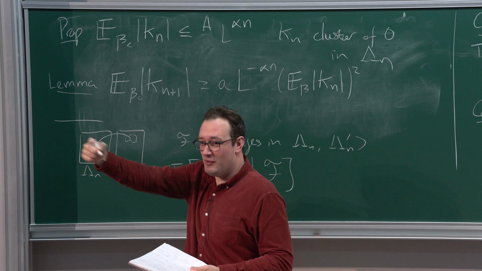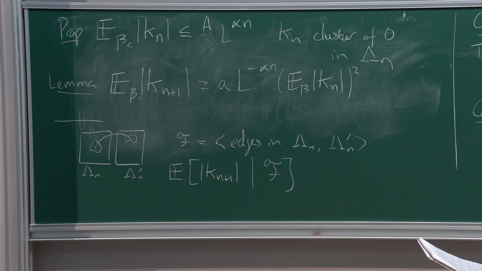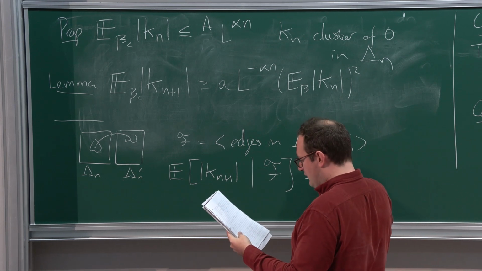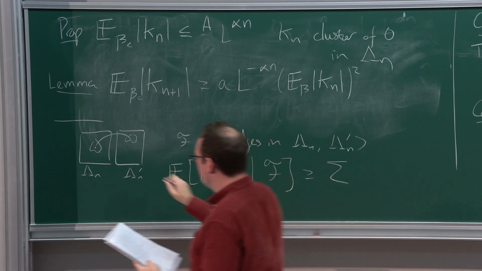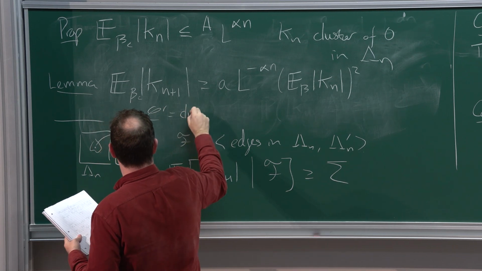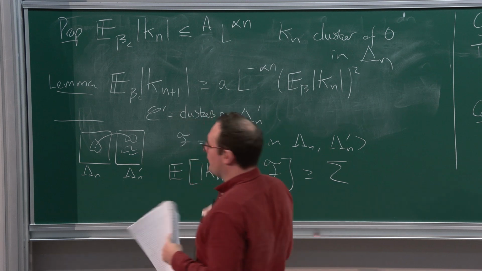Of course, you can also go back and forth and so on, but that's only going to help. So this is at least, and I'll take script C prime to be the clusters in lambda n prime.